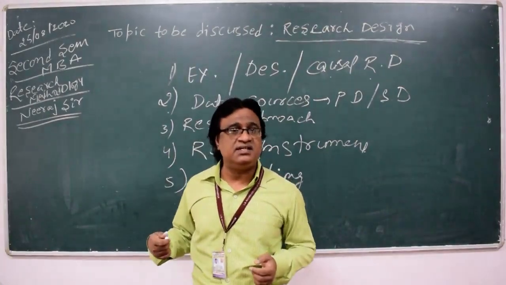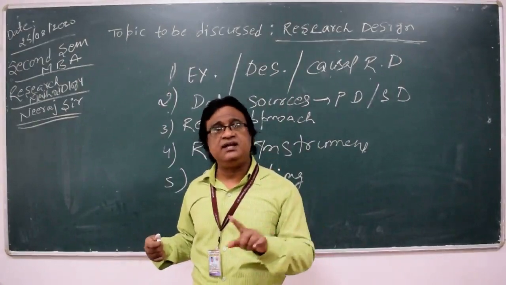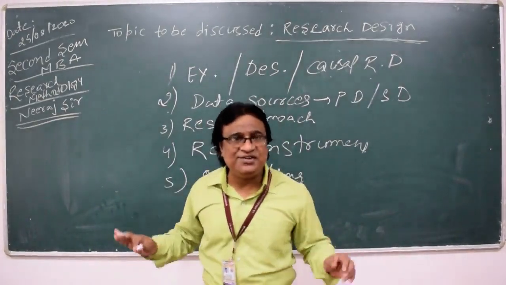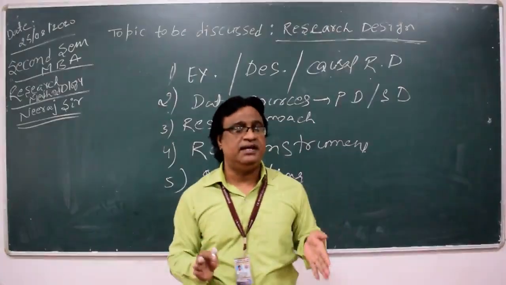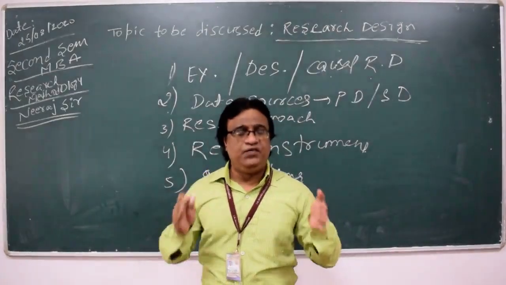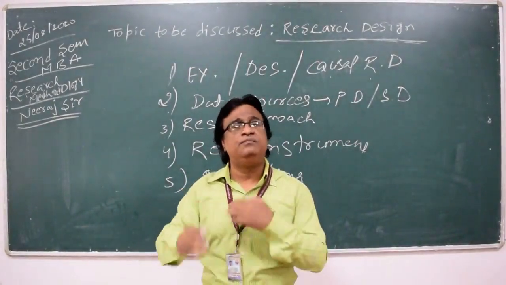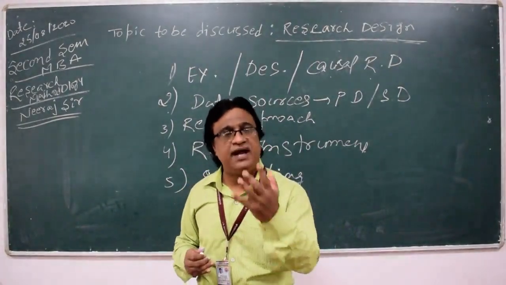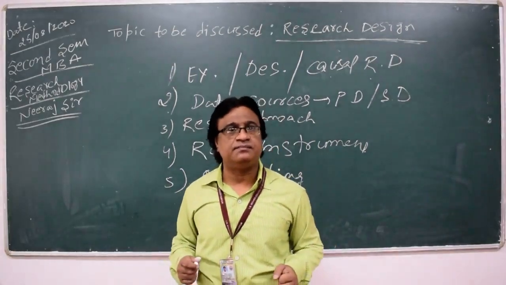Three important decisions. First one is sample unit, second one is sample size, and third one is sampling procedure. When we talk about the sample unit, it means we want to know who is our respondent, to whom we have to approach, we have to survey, ask question for the required information.